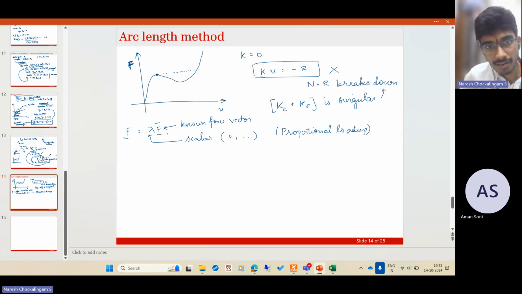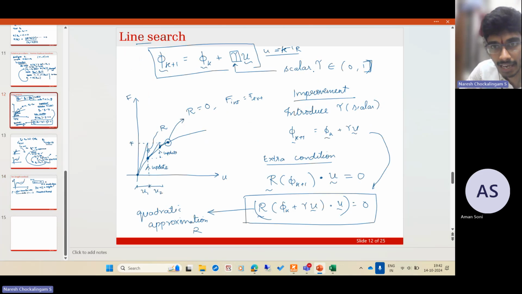So in the arc length method, instead of keeping the force as a known, predetermined thing, you can also keep a fraction of the force as unknown. But the price we pay there is that we need additional conditions. As in the line search, we had an additional scalar, but that is only for the displacement.